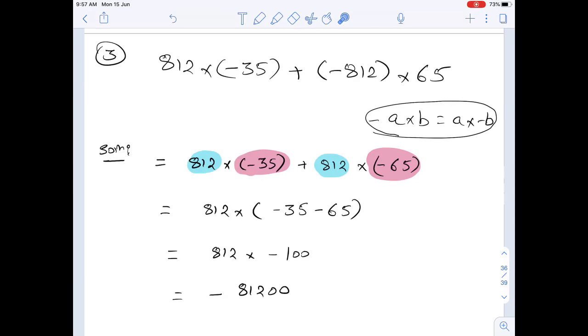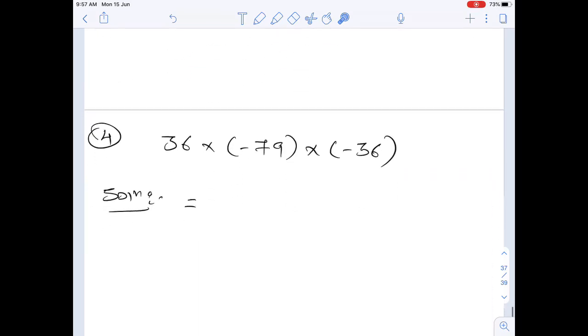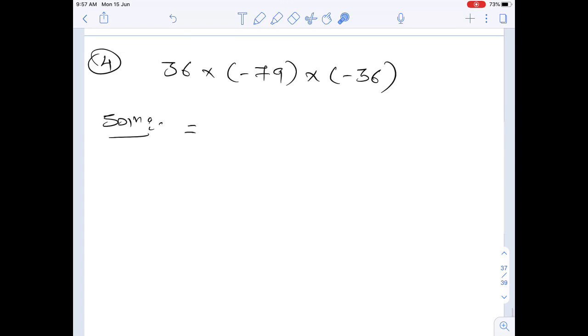Okay, now let us consider one more example. Now here in this example, it can be seen that there are two terms. This is the first term and this together is the second term, but here only one number is present, and here two numbers are multiplying each other.